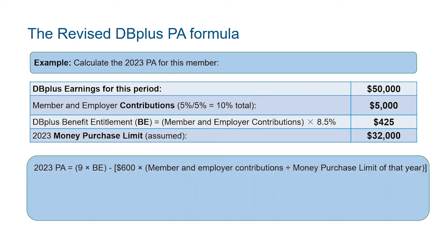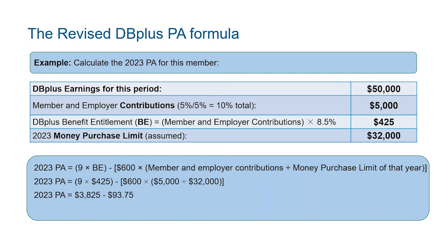So let's take our DB Plus PA formula, 9 times the benefit entitlement minus $600 multiplied by our proration factor of member plus employer contributions divided by the money purchase limit of that year. Once we enter our values, we get 9 times $425 minus 600 times 5,000 divided by 32,000.